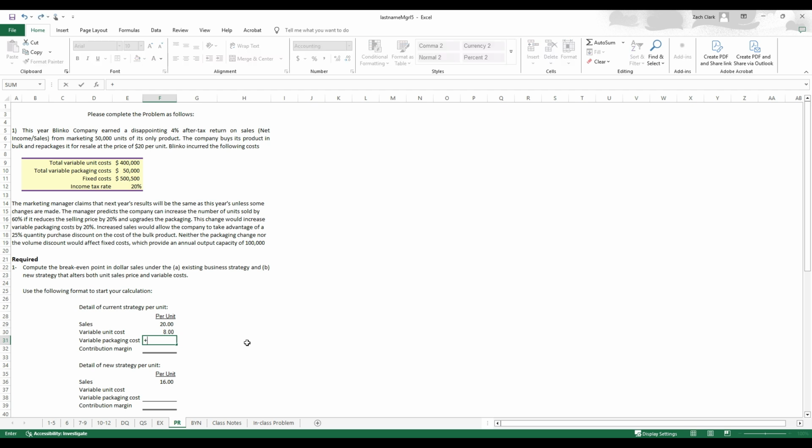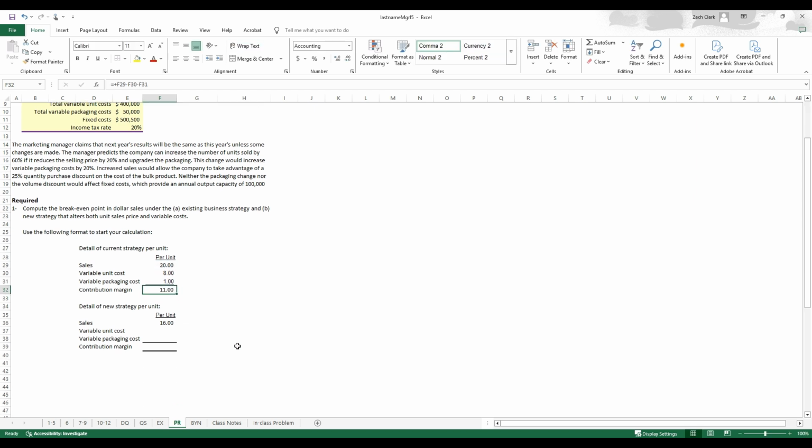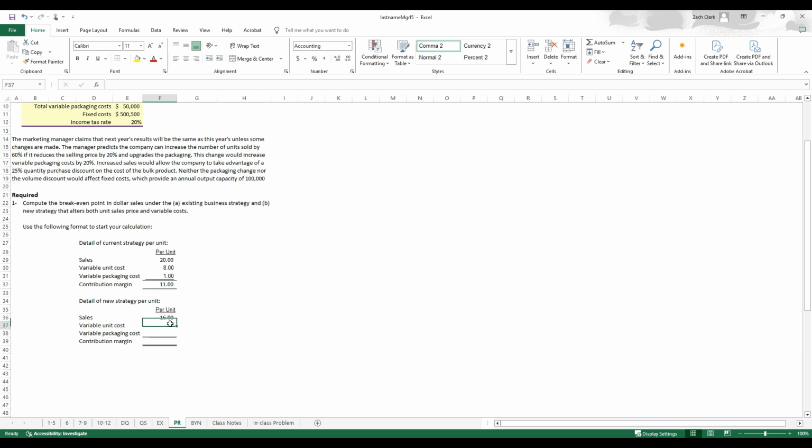And then the variable packaging cost, 50,000 divided by 50,000 gives us $1. And let's see, so sales minus variable cost. So we can do sales minus both of those. So our contribution margin per unit is $11 per unit.